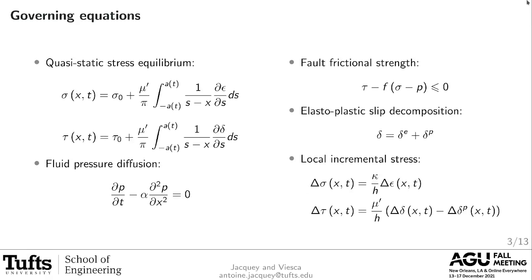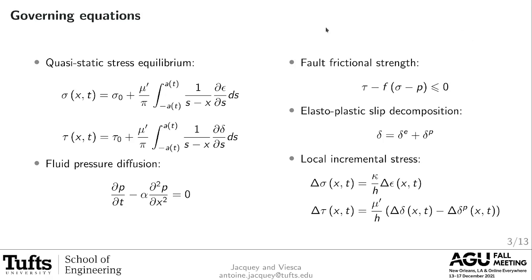So we consider the quasi-static stress equilibrium linking a distribution of fault opening epsilon and fault slip delta to distributions of normal stress sigma and shear stress tau. The fluid pressure is governed by a diffusion equation with a fluid diffusivity alpha.